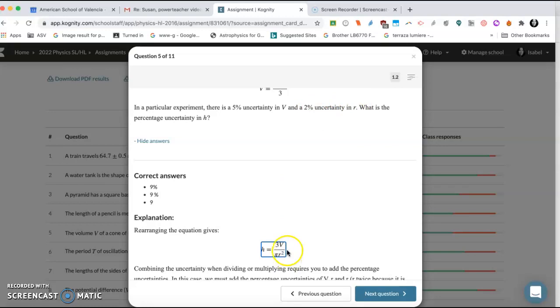It would be 2, because it's a power, times 2, which gives us 4%. Our percentage uncertainty in V is 5%. So in total, 5 plus 4 gives us 9.